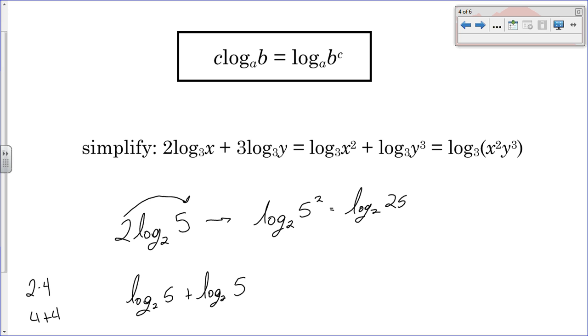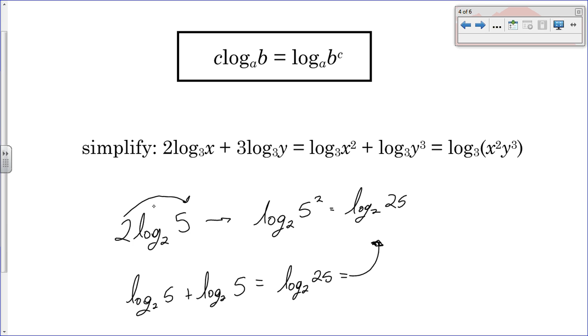So that would be the log base 2 of 25, which is, of course, the same thing that we have up there. So that's just kind of a little proof of the power rule.